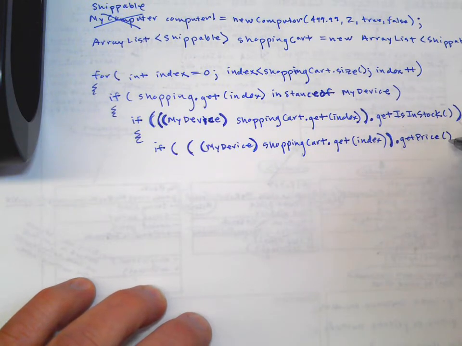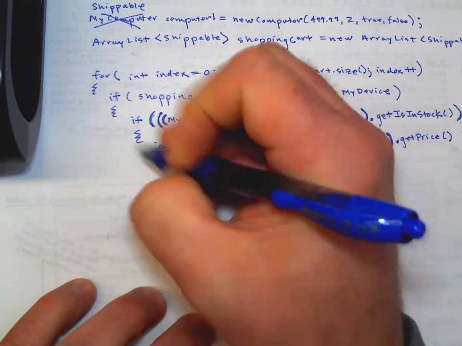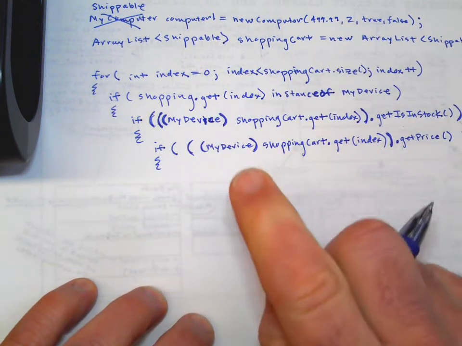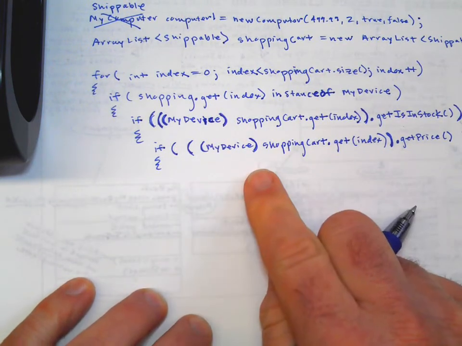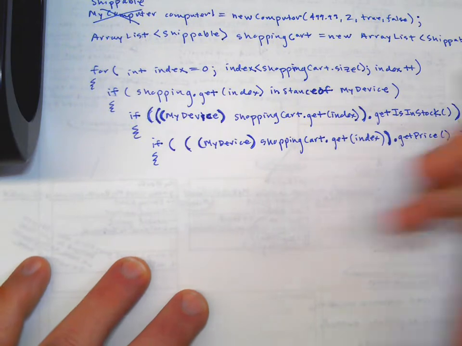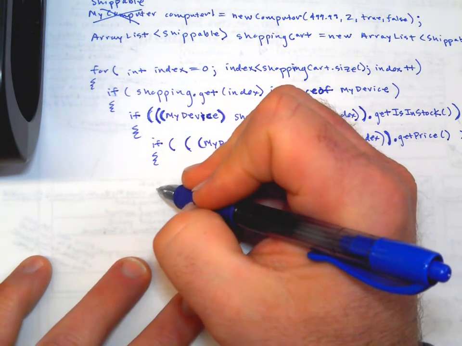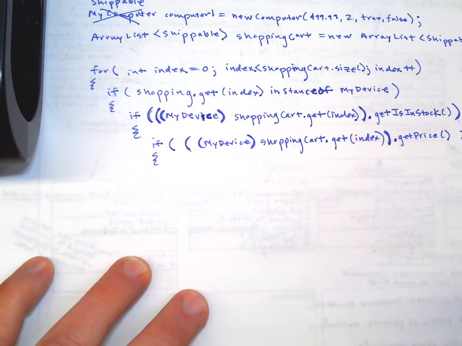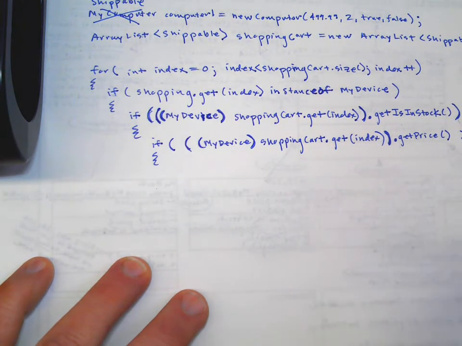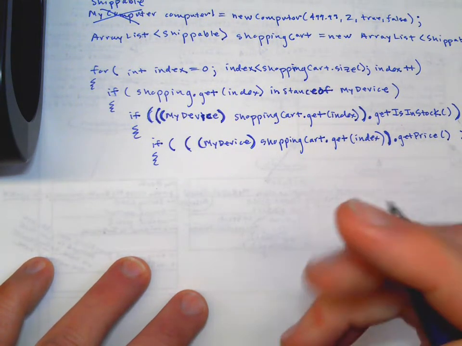And this is where you test if it's greater than or equal to 200. So you do that, and then you do what you're supposed to do. You add it to the right array, take it out of the other array. Remember, when you take things out of an array list, you have to back up the counter, otherwise you'll skip them.